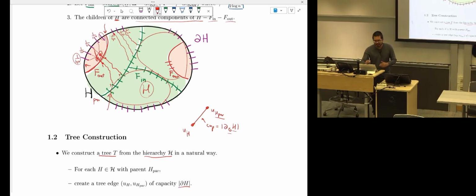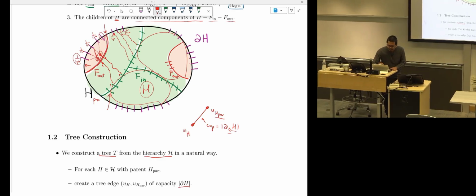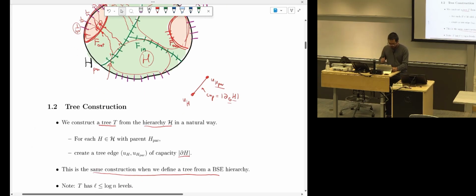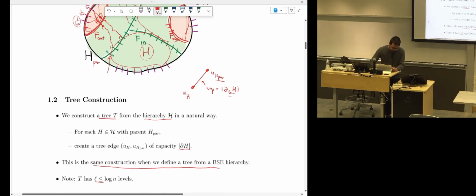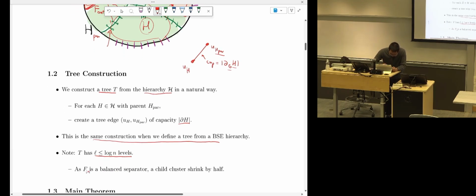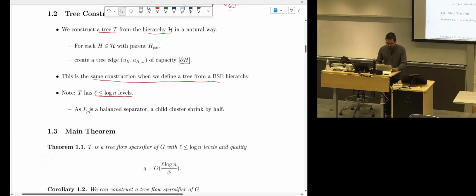But here we do it in a more fine-grained way, where we refine the component a bit further, like this red component that refines some component. So this is log n depth, a tree with log n levels, because F in is the balanced separator. But here is the main theorem.